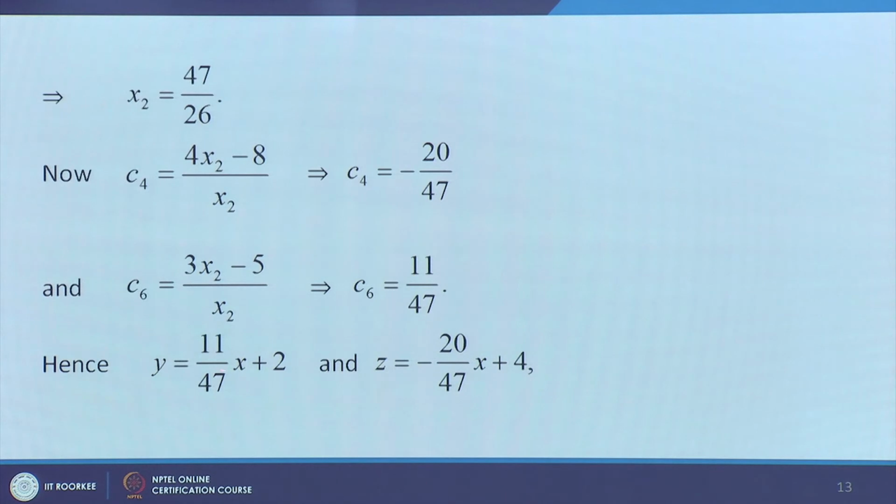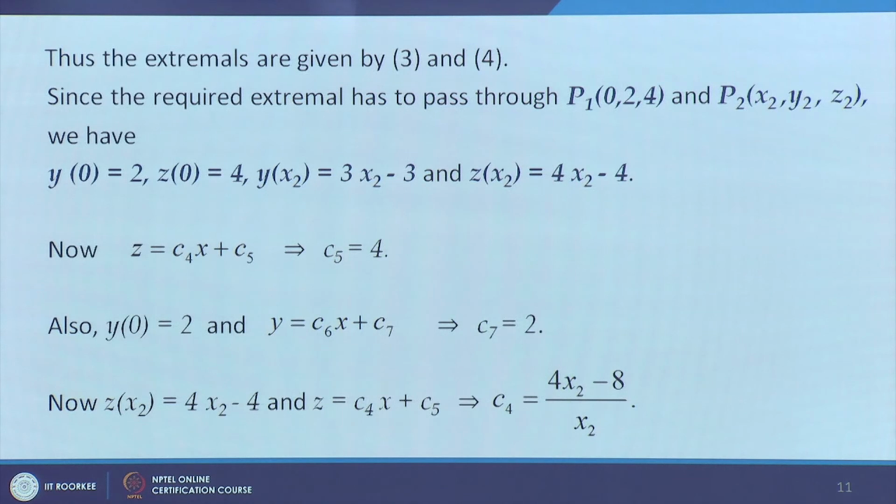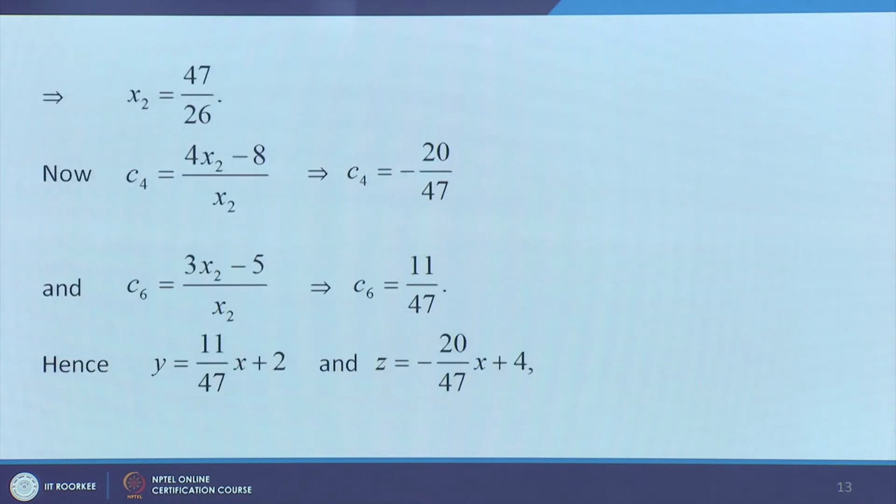So we get 11 by 47 x plus 2, and z is equal to c4x plus c5. c5 is 4 and c4 we have already found. c4 is minus 20 by 47. So z is equal to minus 20 by 47 into x plus 4. So these are the equations of the line of shortest distance.